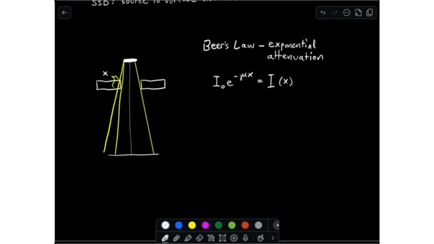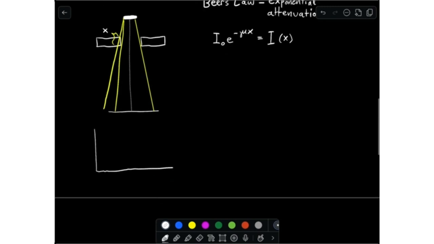So let me draw another little PDD down here and think through what effect this will have on the shape of the penumbra.